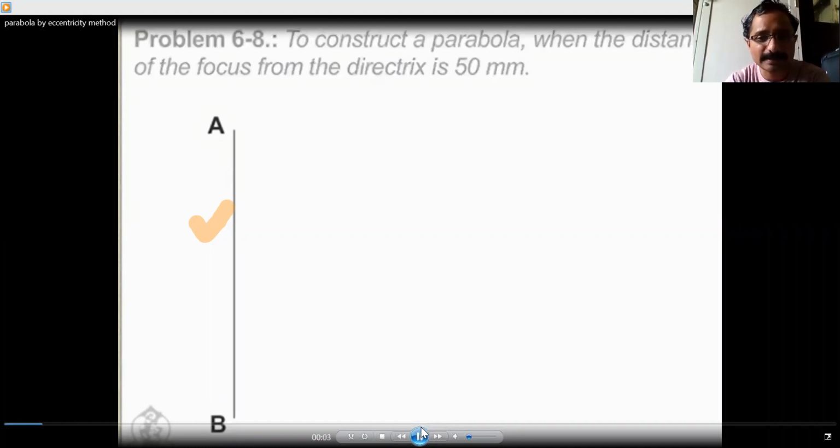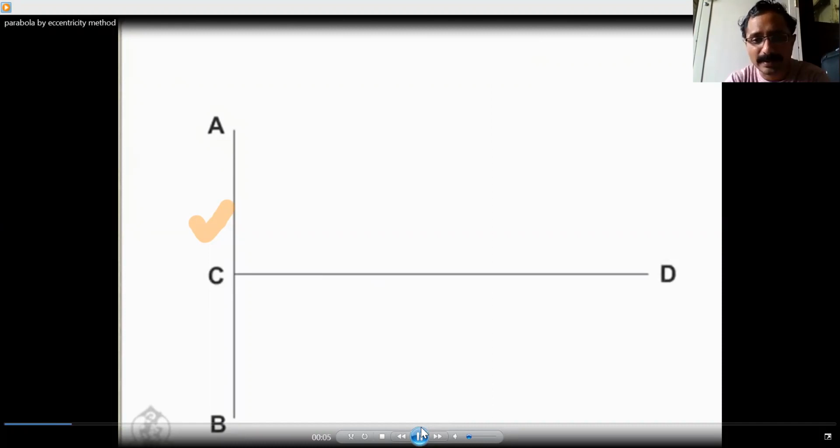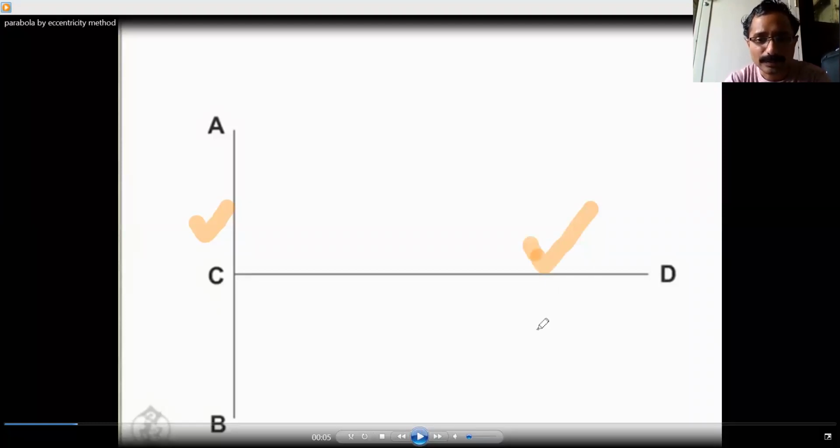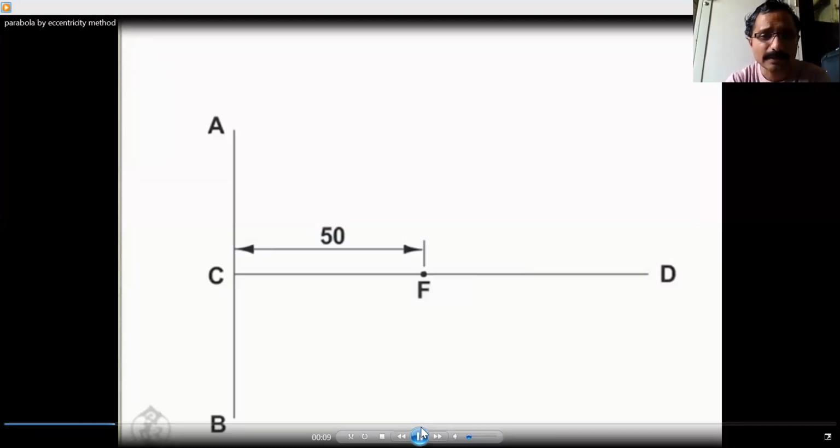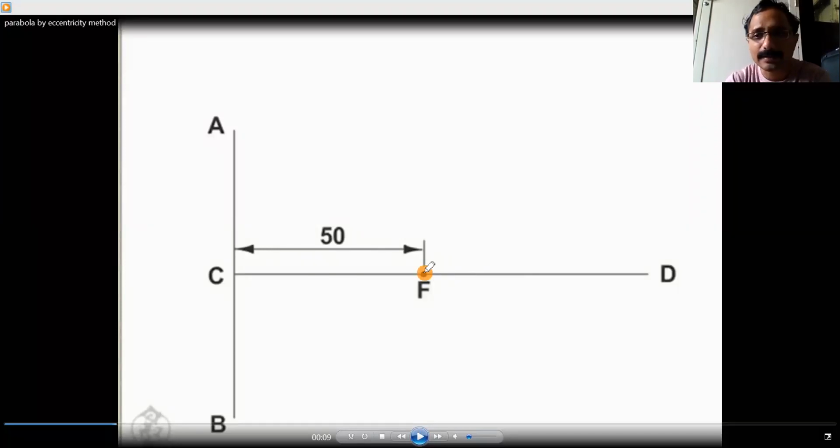We are having the next step. This particular line is our axis, CD is the axis. Now we'll move further to the next step in the solution part. Now I am marking the focus at a given distance on the axis.